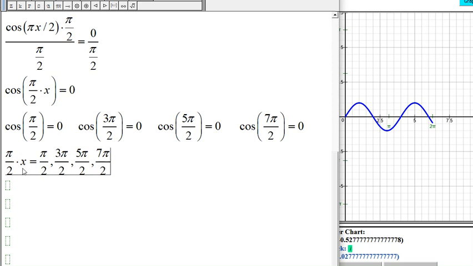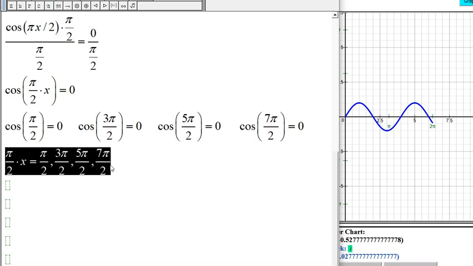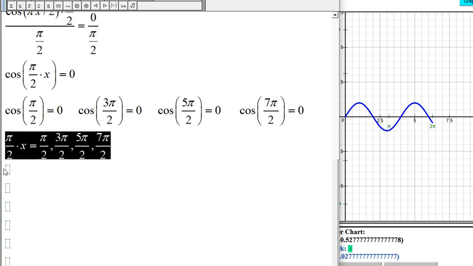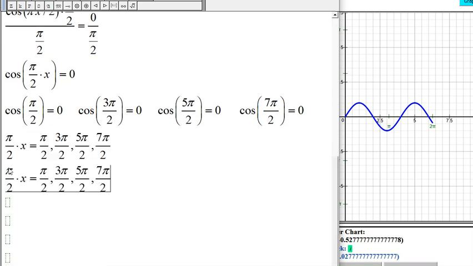And then to solve this equation for x, we can multiply everything by 2. And then maybe faster, we just divide everything by pi over 2, or multiply by the reciprocal or something. Let's just go ahead and divide.